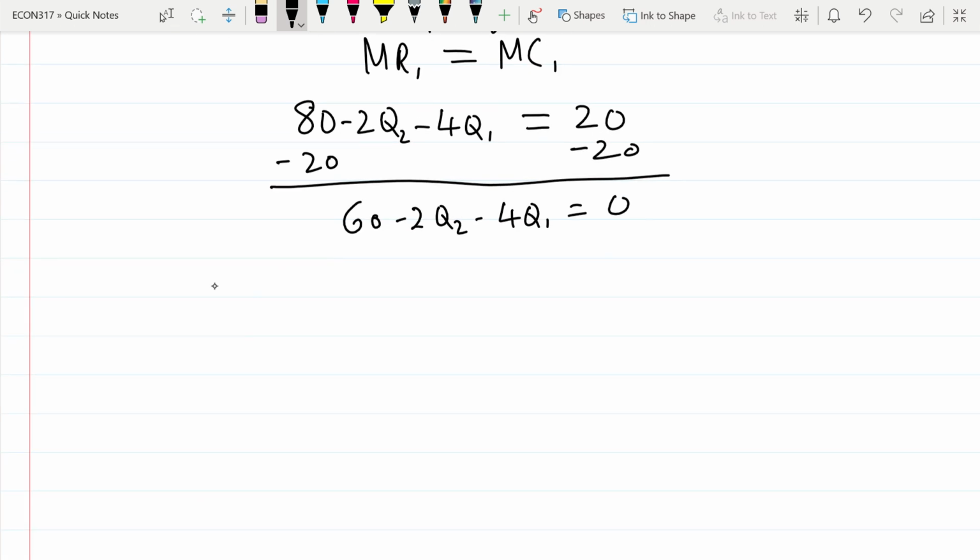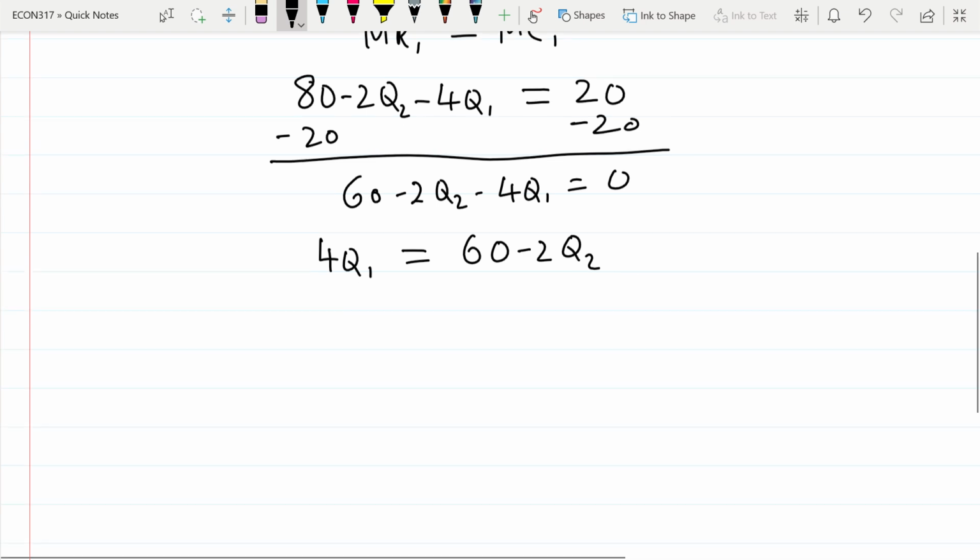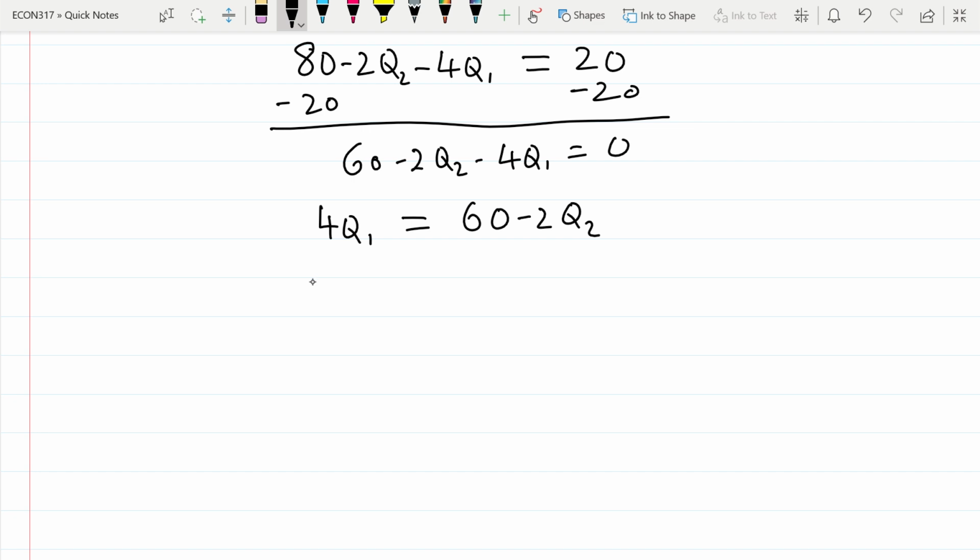I could rewrite it as 4Q1 equal to 60 minus 2Q2. I just moved the negative 4Q1 on the left to the right, where it becomes positive, and then I flipped the sides. From here, I will divide both sides by 4 to obtain Q1 by itself on the left. So I could write this as Q1 equal to 15 minus Q2 over 2.